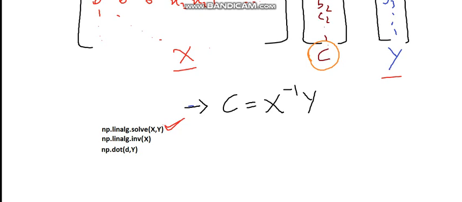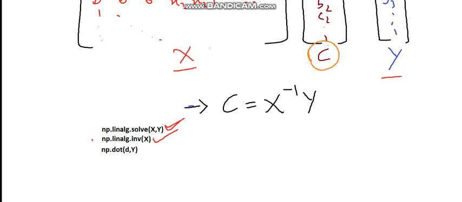Now in the other case, we can have an expression like np.linalg.inv(x). In this case, first we have to find the inverse of x.